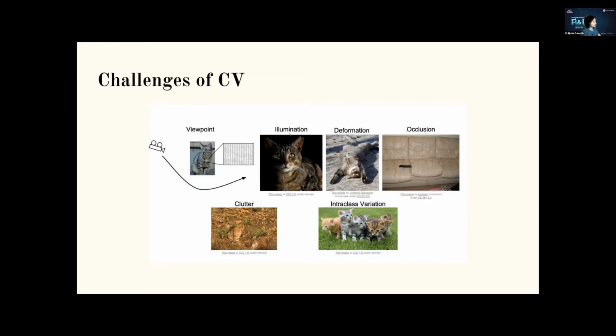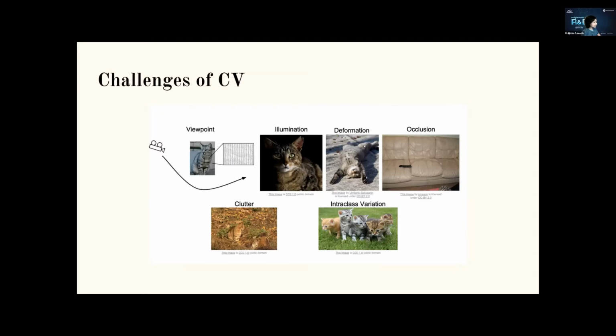And then there's the challenge of illumination. In different lighting conditions, objects look different, and sometimes it hides a good part of the image, making it hard to detect what it is and extract meaningful information from it. So illumination is another challenge.